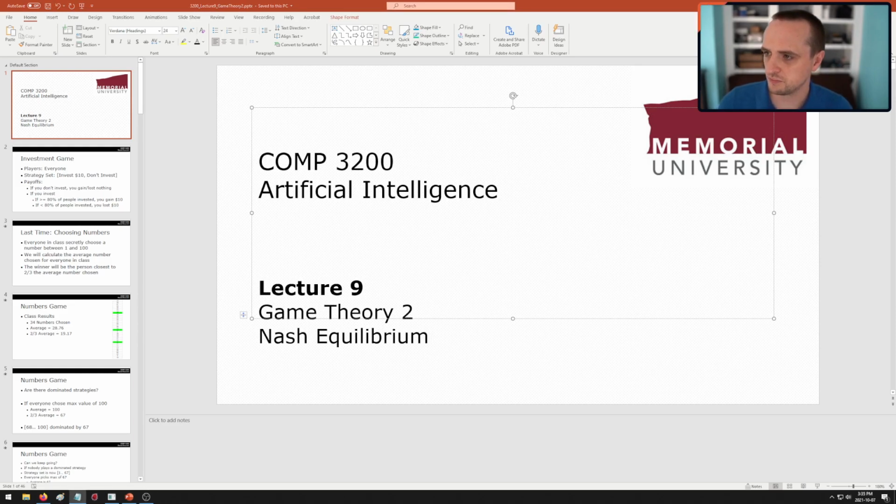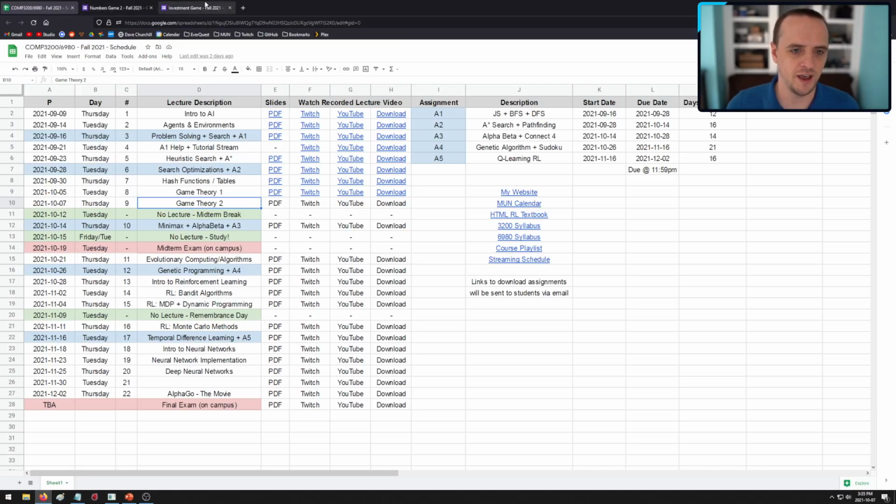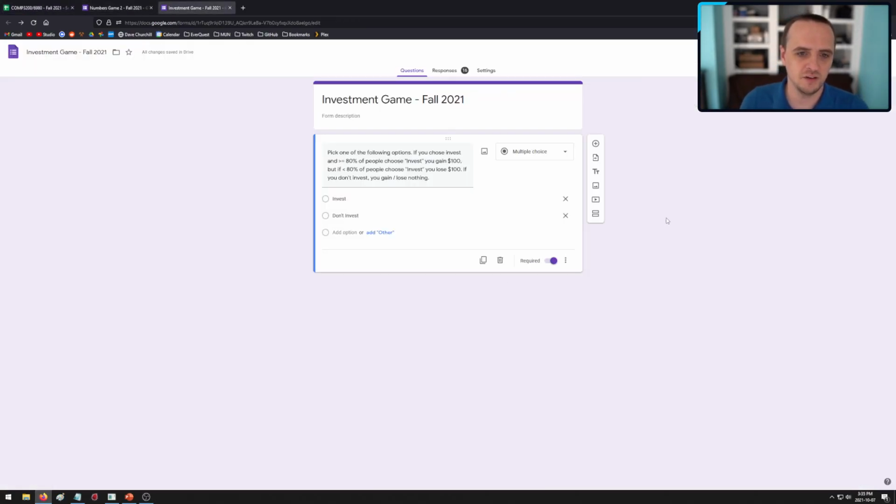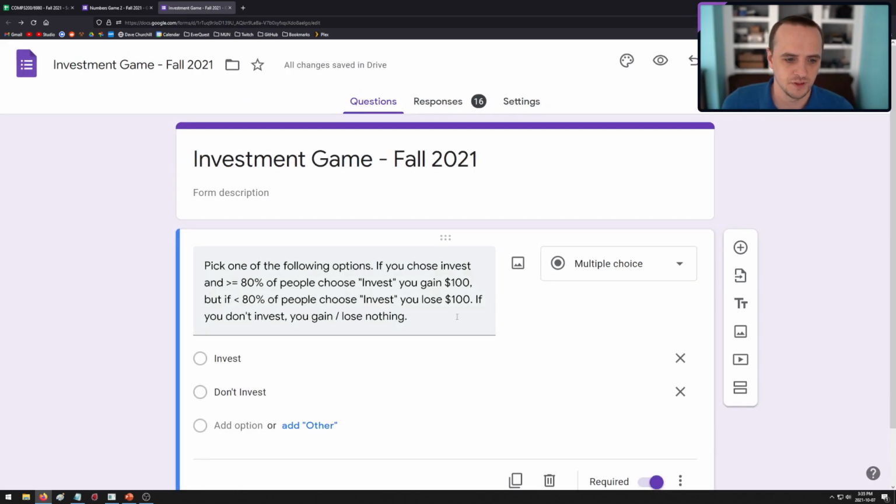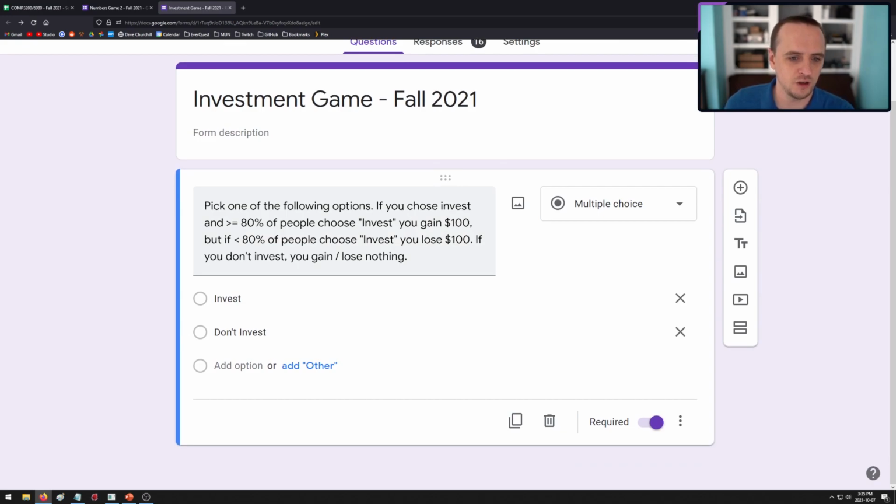So the first game here is called the investment game. There's the link to the forum where you're all going to go and answer. But let's look at the investment game. In the investment game, you're going to pick one of the following options: invest or don't invest.